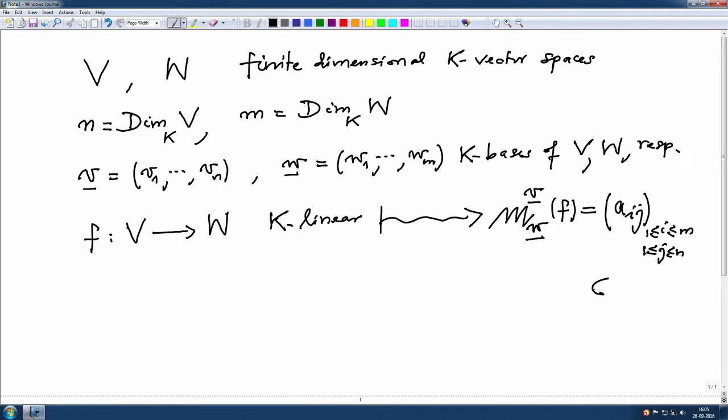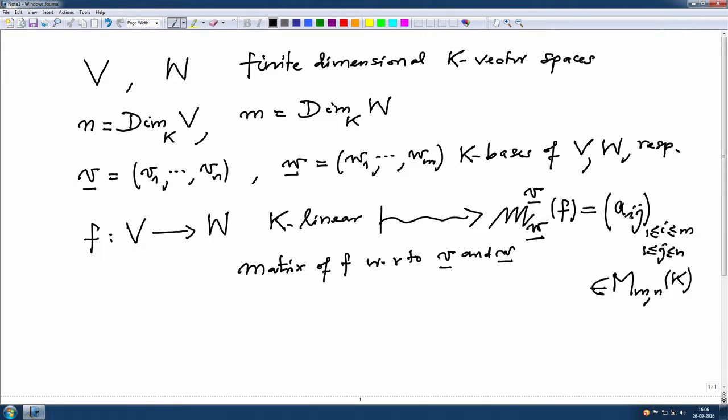So, this is an element in M_{m,n}(K), the matrix of F with respect to V and W. This matrix depends on the basis V, depends on W and depends on F. So, all this is necessary in the notation.